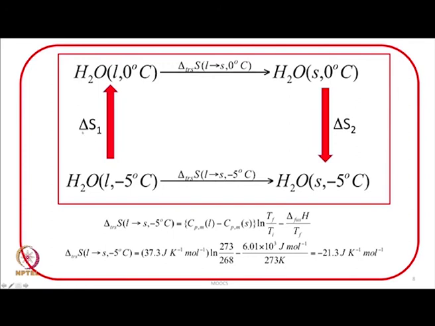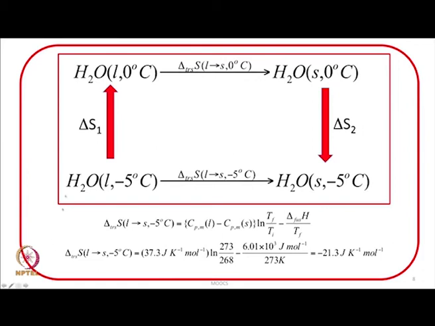We calculated delta S1, and we just saw how to calculate that. It is Cp log T final over T initial. We calculated delta S3, which is also Cp log T final over T initial, and the second step was simply a phase transition. For the phase transition, the entropy change is equal to the enthalpy divided by the transition temperature.